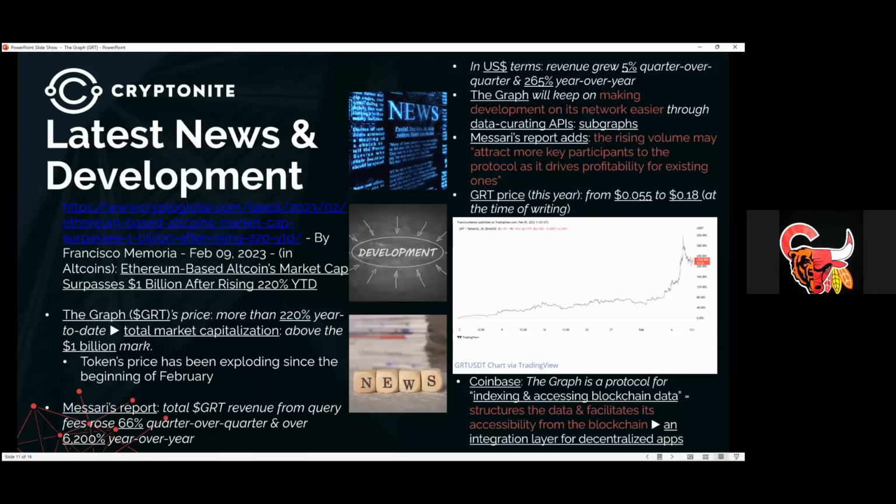And the revenue grew 5% quarter over quarter, but they grew by 265% year over year. So they have exponential growth. And in the Messari report, the GRT revenue from the query fees rose 66% quarter over quarter and 6,200% year over year.